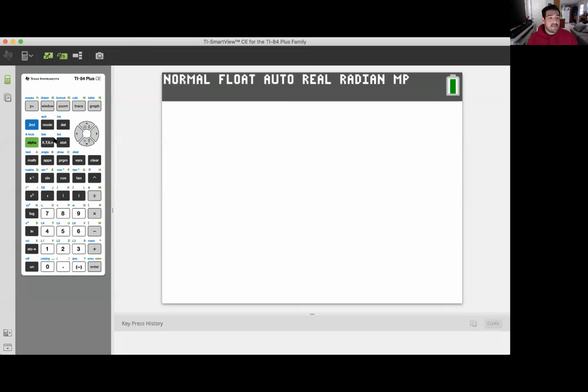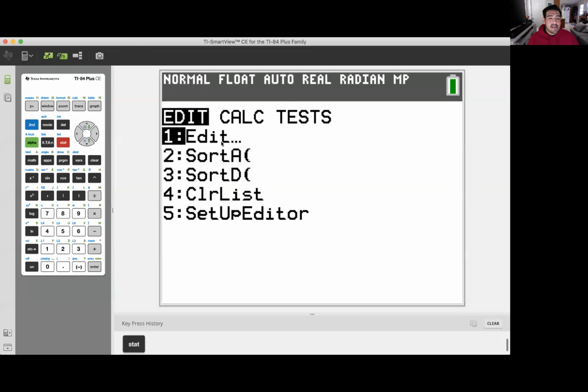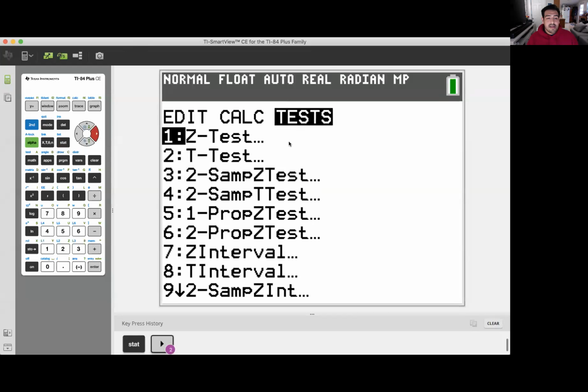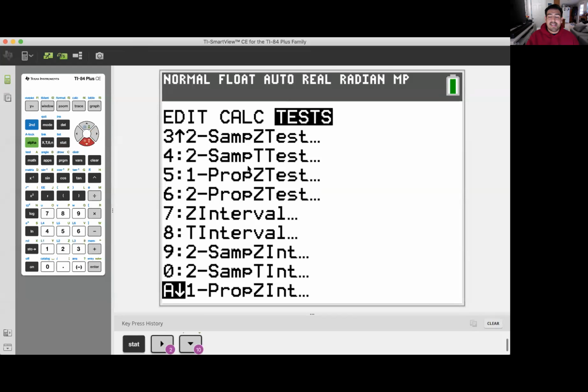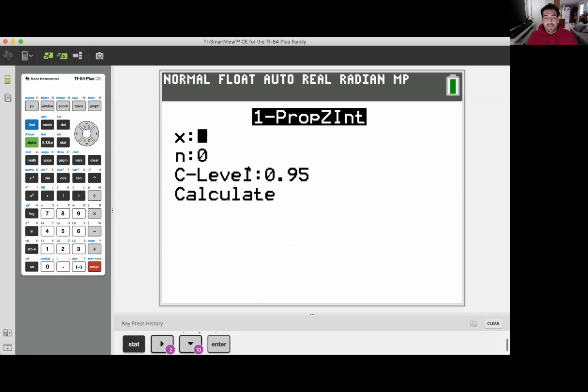For those with the 84, go ahead and go to Statistic, which is right here. Click on Stat. I need you to go over to the column that says Tests. Under Tests, I need you to go all the way down until you see the 1 proportion Z interval, right? We're dealing with proportions. This is 1 proportion. It's labeled as A. Go ahead and open that.